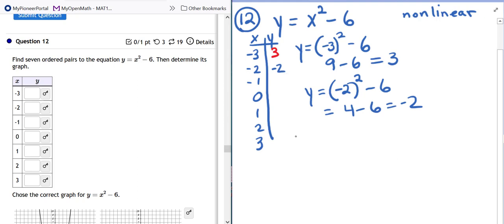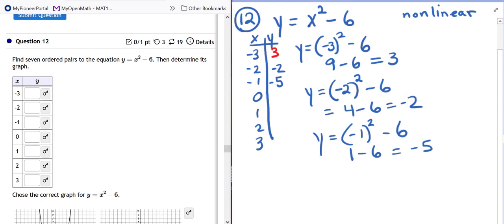All right, negative 1. So y equals negative 1 squared minus 6. Sorry, spacing out there. This gives us 1 minus 6, which is negative 5.